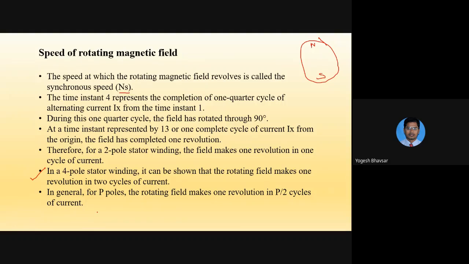So in general, for p poles, the rotating field makes 1 revolution in p/2 cycle of current.